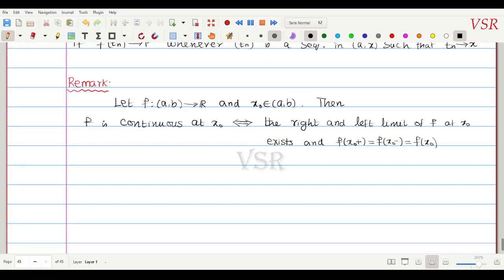So all three exist and these are all equal. If f is continuous at the point x naught, then this condition must hold.